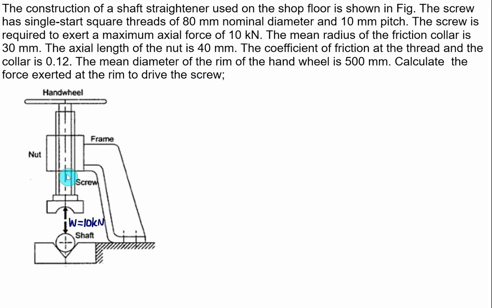So we require the torque that will overcome the friction between the collar and screw and develop a force equal to W, 10 kN. For that we require a torque, and that torque is developed by applying a force on the hand wheel. So this force P we have to find out, and this force P will act at a distance equal to the mean radius. We'll call this the radius, simply R, which is equal to 500 divided by 2, is equal to 250 mm.